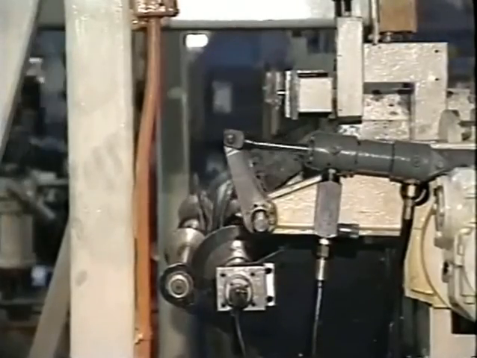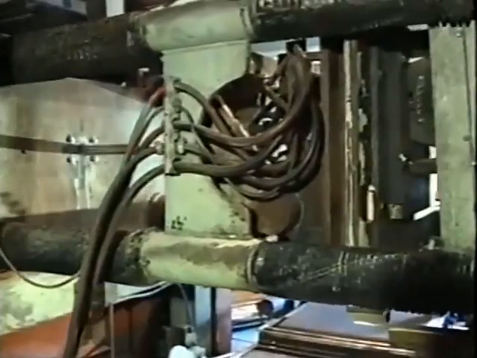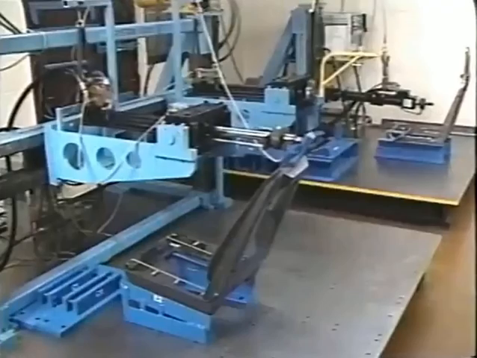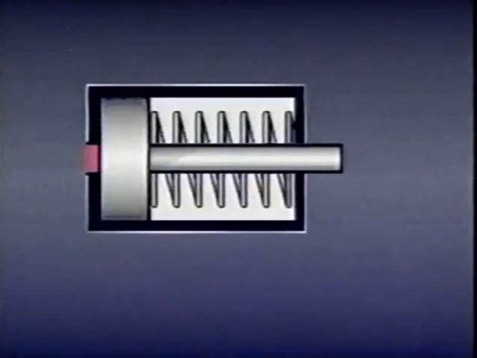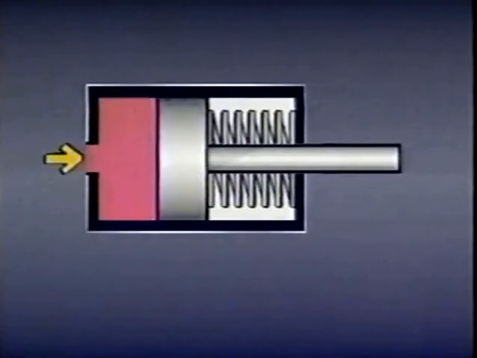Now, there are several different kinds of cylinders used in industrial hydraulics depending upon the specific application. One common type is the single rod, single acting cylinder, which has fluid pressure applied to only one side of the piston. The return stroke is accomplished by some external means such as gravity or a spring.